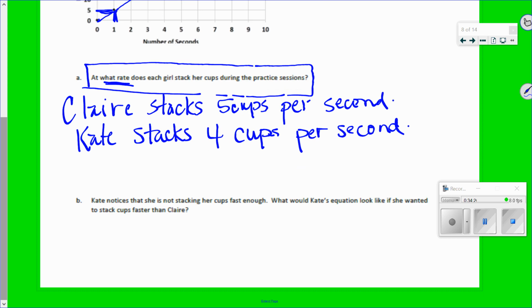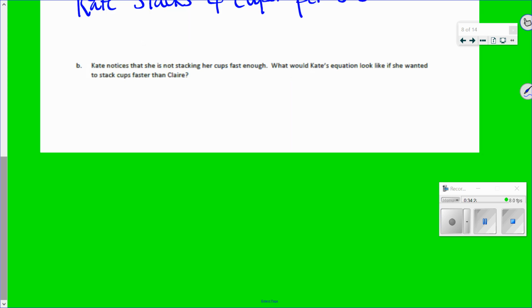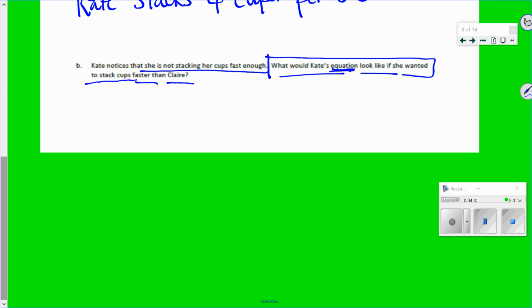All right. Guess what? Kate doesn't like this. She notices that she is not stacking her cups fast enough. What would Kate's equation look like if she wanted to stack cups faster than Claire? Her new equation, it was C equals 4T, where my time is seconds.